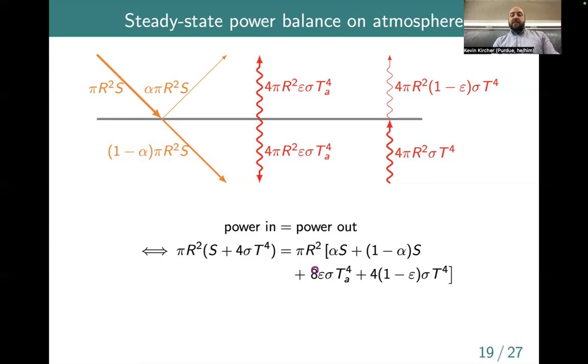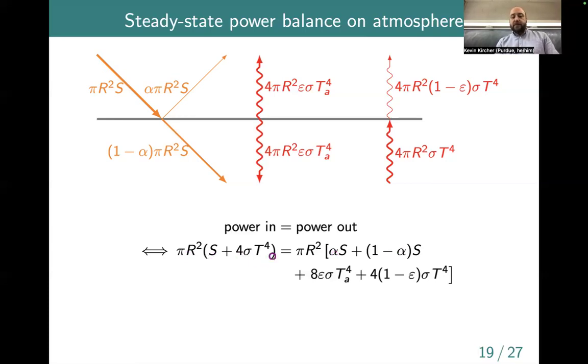Okay, so there's lots of symbols in this equation, but it turns out that it's just carnage. Mathematically, a whole bunch of stuff dies off. So we have an s over here multiplying pi r squared. Here we have the same factor pi r squared on the right-hand side, so those coefficients will cancel. We have an alpha s plus a 1 minus alpha s. So the minus alpha and the alpha are going to cancel, and we're left just with s over here on the right-hand side. We have an s on the left-hand side, so those are going to cancel.